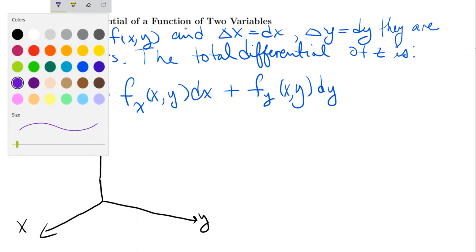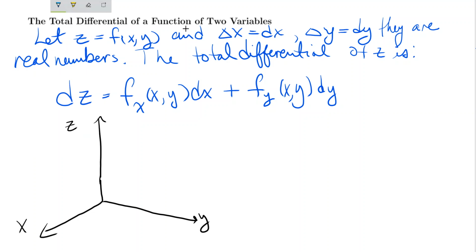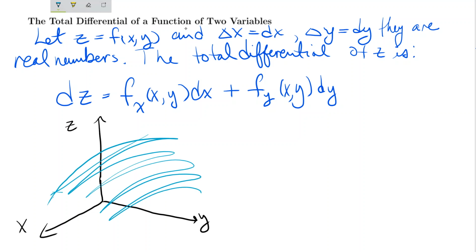Let's do it in blue, a little light blue. So say I've got like a curving kind of plane going through this area. What'll happen is you'll have some point you're interested in. Let's say it's right here.